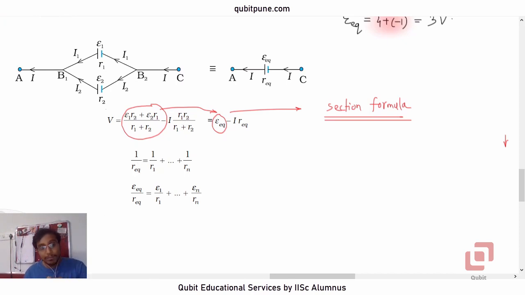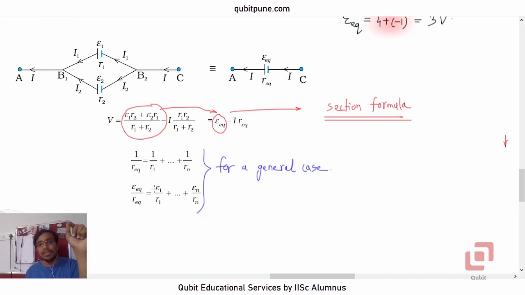But for a more general case, if you have more than two cells connected in parallel, you may use these formulae. So R equivalent, the same formula, 1 upon R1 plus 1 upon R2, until 1 upon Rn, where small r denotes the individual internal resistance of every cell.